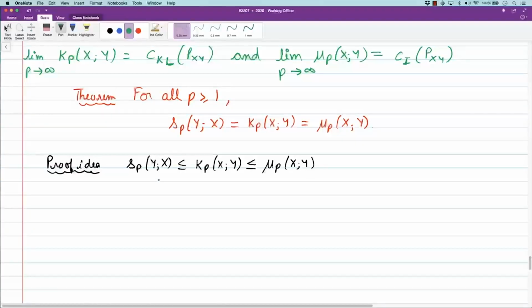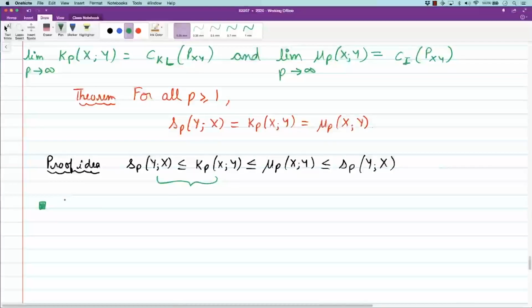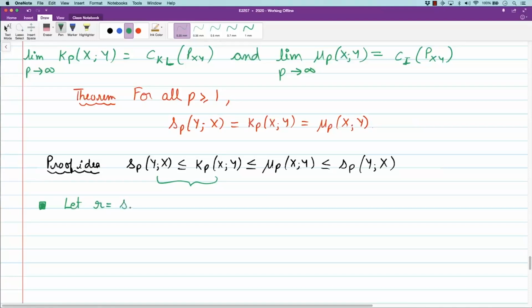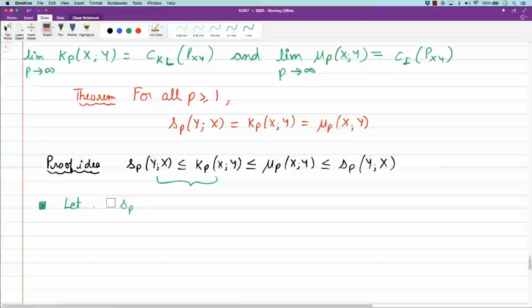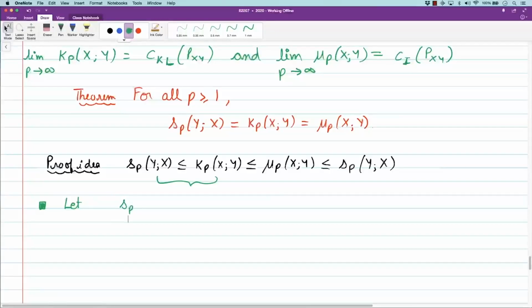Okay, so let's show this part first. Oh, sorry, and this itself is less than or equal to S_p(Y;X). So for this part, this green inequality here, let theta be smaller than S_p(Y;X).